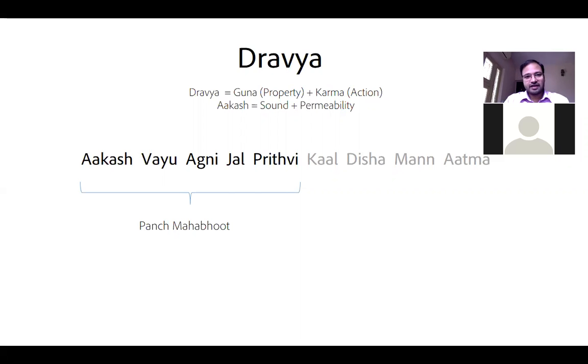So Dravya, as we say, is actually a combination of guna and karma, that is property and action. So this itself is a definition of Dravya. That means anything that has a guna and a karma, right? So if we take example of Akasha, which is the first Dravya in this sense, it has the property or guna of sound.